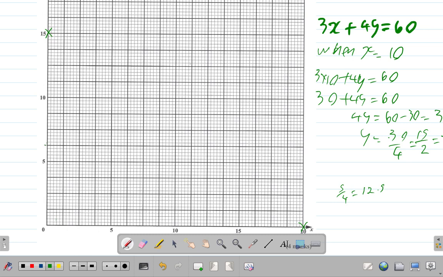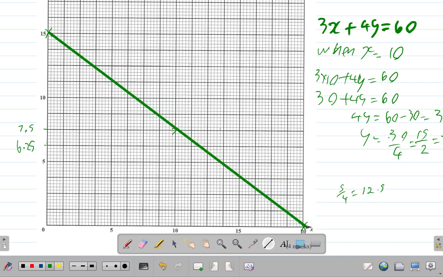So this represents 5 plus 1.25, that's 6.25. This represents 6.25 plus 1.25, that's 7.5.